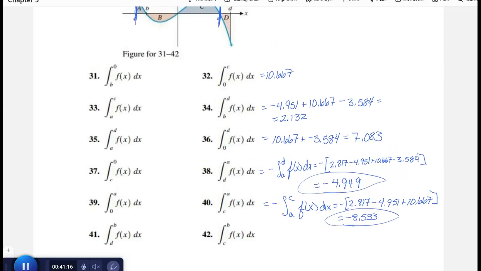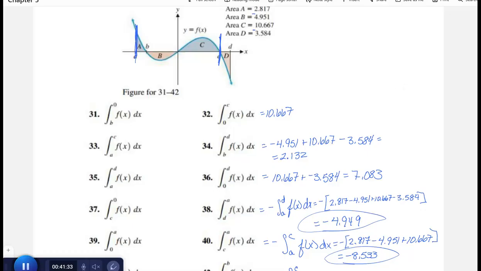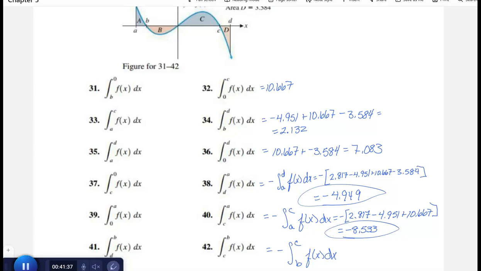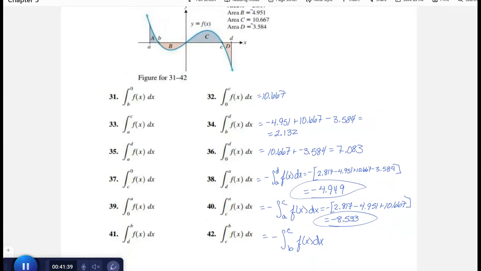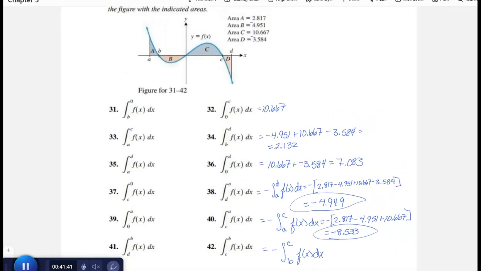And then we'll do one more. We can look at C to B here. We're going to have to flip that. It has to go from smallest to biggest. So B to C would be those two regions.